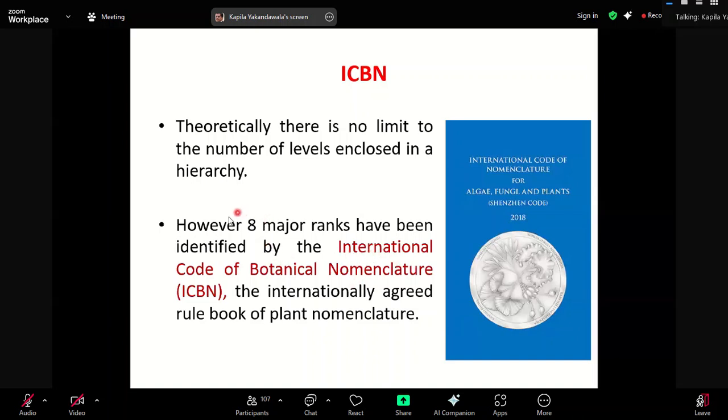And in this guideline, 8 major ranks were identified, right? Under that, you have to classify plants based on the rules given in this book. So remember the name by heart, ICBN, International Code of Botanical Nomenclature.